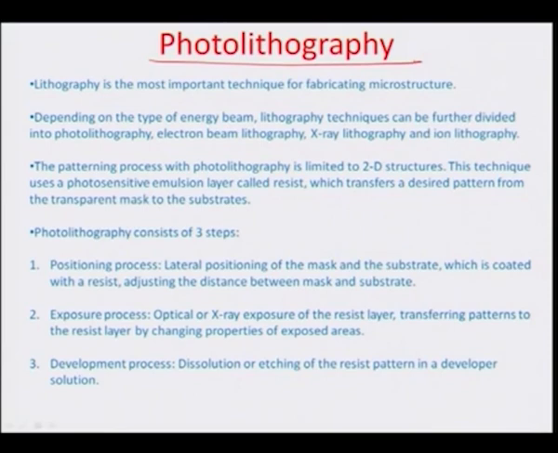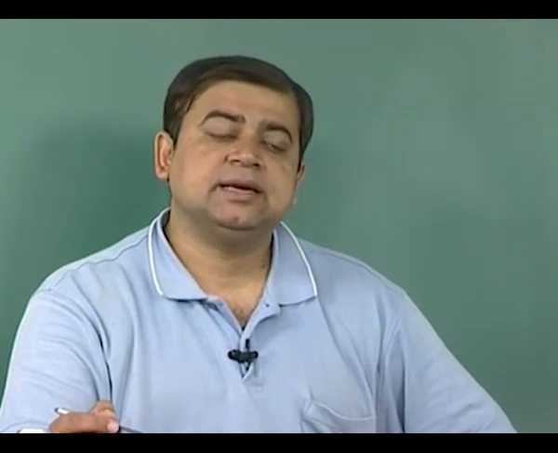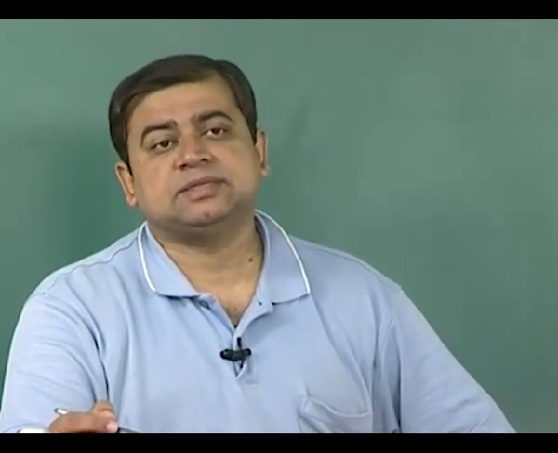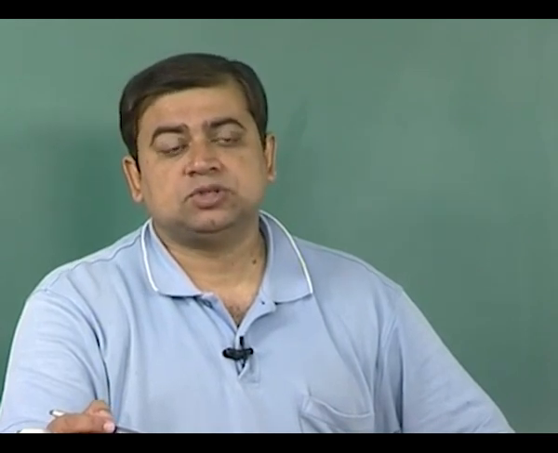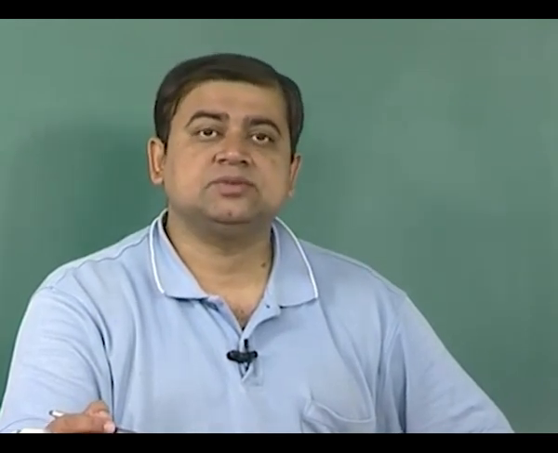Many of you may have done photography in your school days as a hobby. In photography, you have a photo film, and this film is used to project whatever is there on the film using a beam of light onto a photo paper.